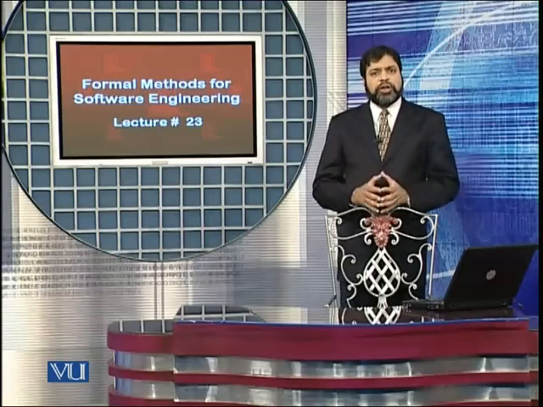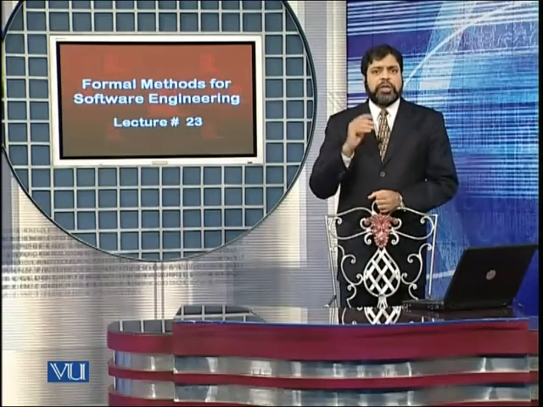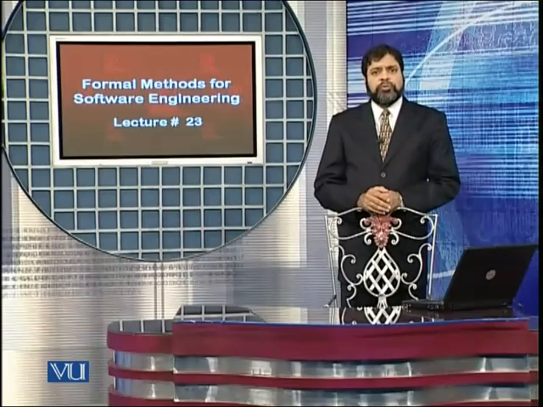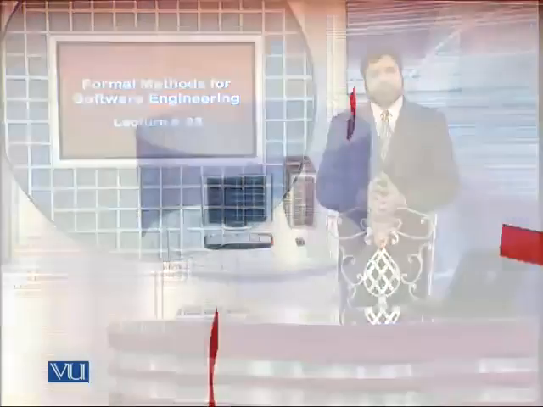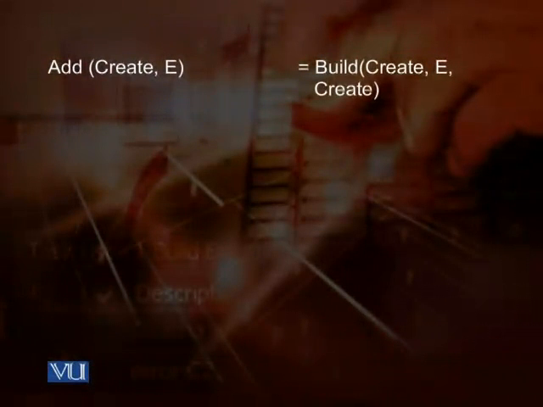So how do we do that? Let's once again go back to the slide and see what to do with those axioms. Here we have the first one: add, create, E. So we are adding the first element in an empty tree.